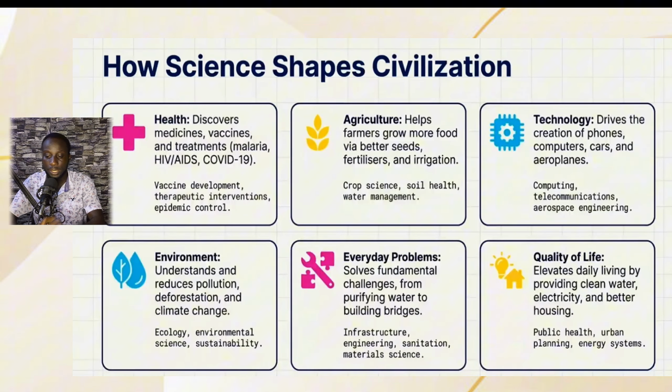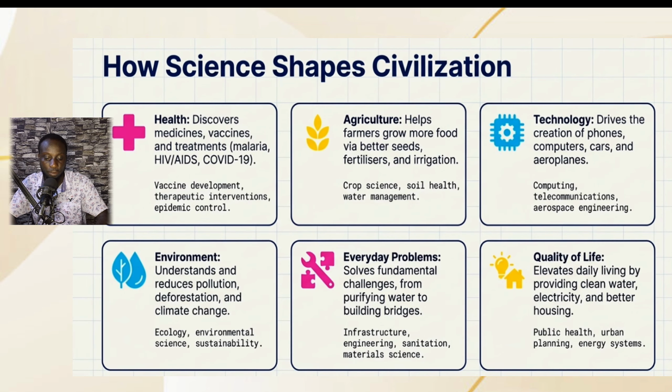Now, how science has shaped civilization. In other words, the importance of science in today's dispensation. If you come to the health level, through science we have been able to discover medicines, we have been able to discover vaccines and treatments, and then treat sicknesses like malaria, HIV, AIDS, COVID-19, and all that.